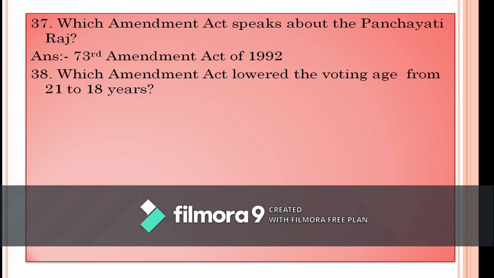As we all know that right now, if any citizen of India is 18 years old, they are eligible to vote. Before it was 21 years old. So which act lowered it? The answer will be the 61st Amendment Act. The 61st Amendment Act lowered the voting age from 21 to 18 years old.